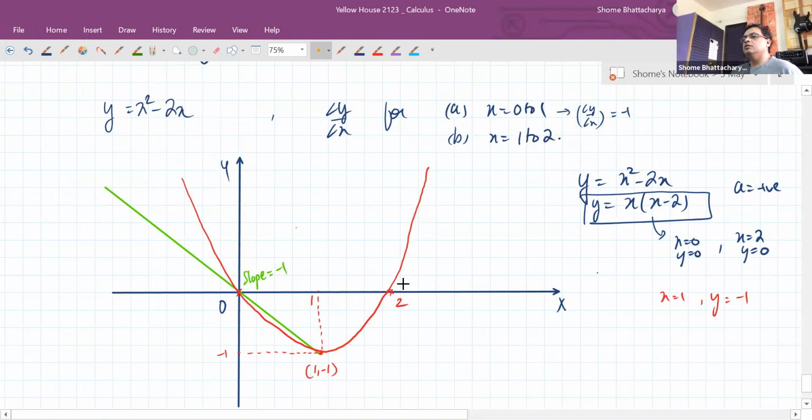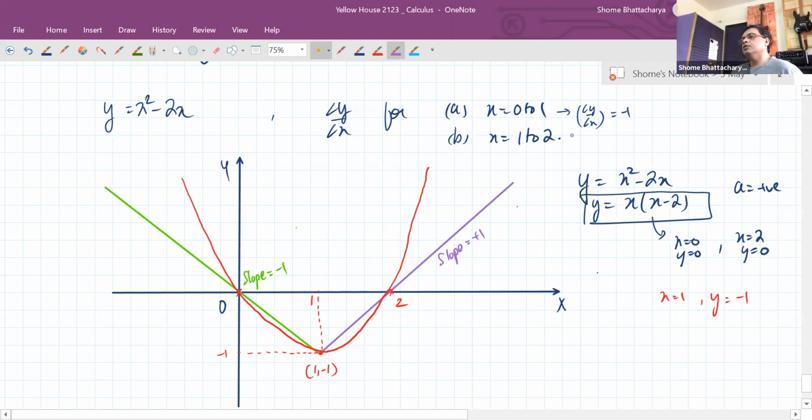so there, this is your secant line. Now if you notice this secant line, it has a slope equal to +1, because again this point is 2, 0, and this point is 1, -1.